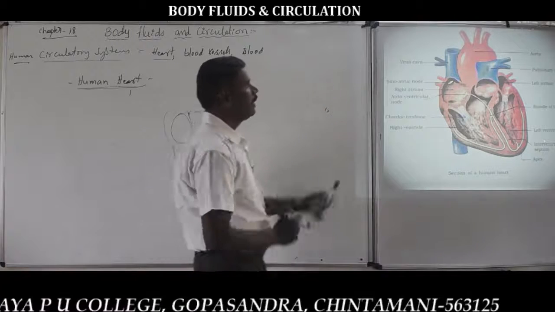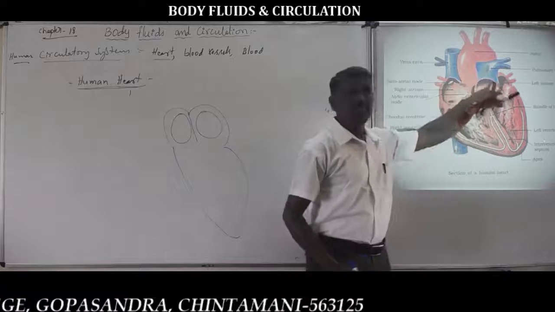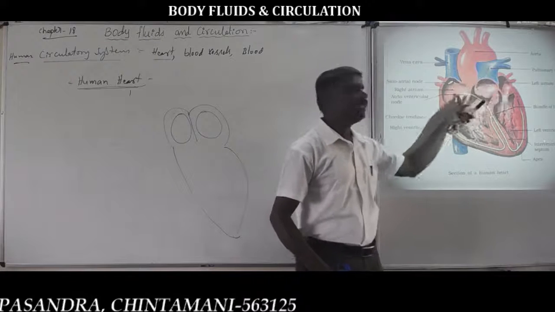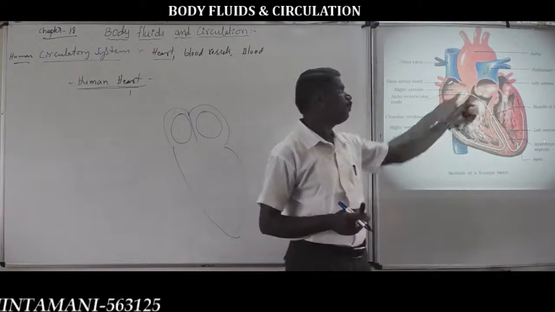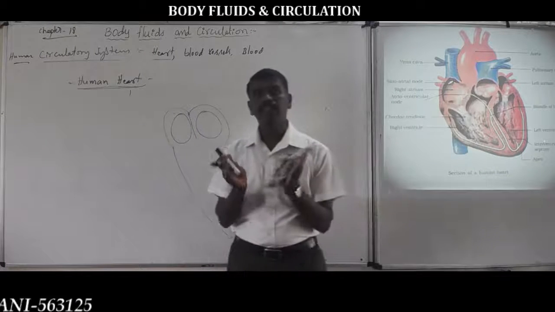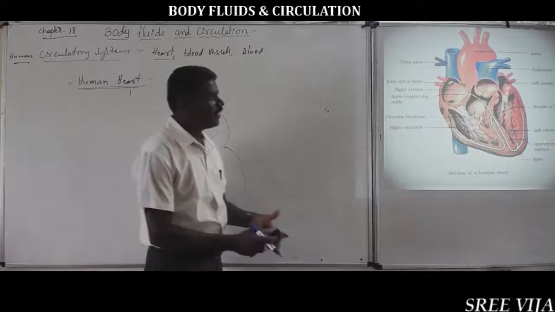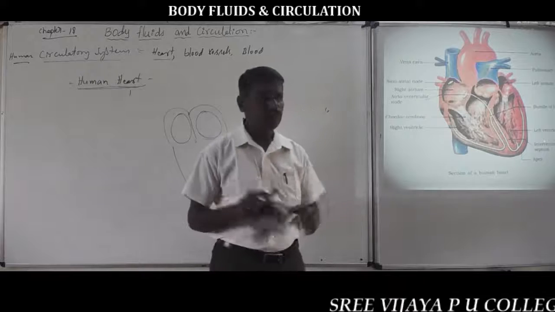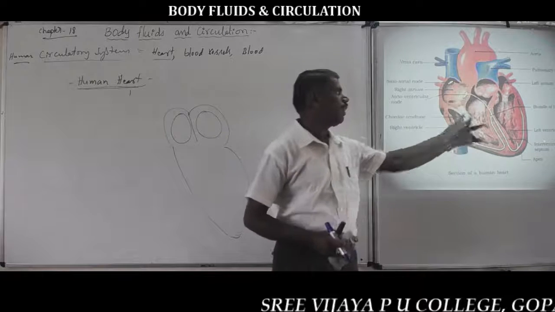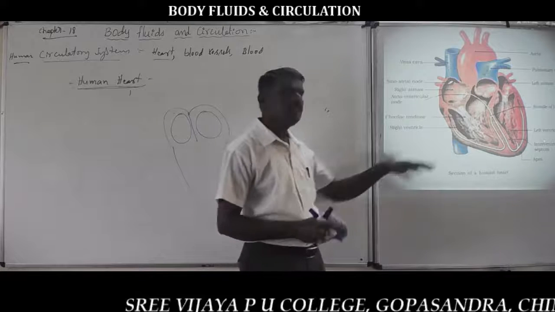It is one atrium and another atrium. These two atria are separated by a tissue, a wall called the interatrial wall. The lower two chambers are a little bit larger. These two larger chambers are called ventricles.